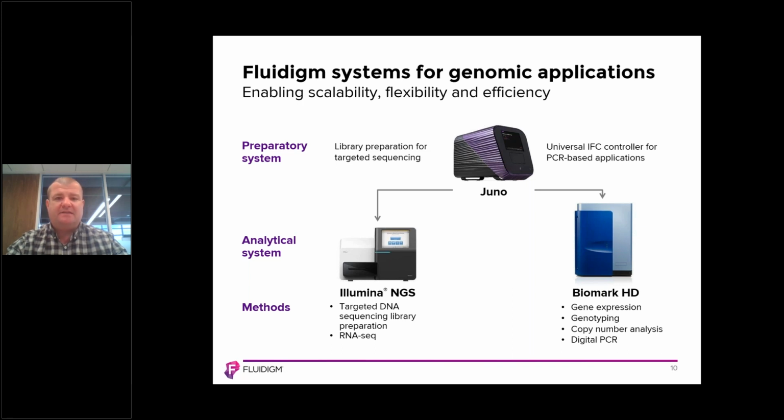And so again, in the next couple of weeks, you're going to learn how the Juno platform can be used to prepare libraries for next-generation sequencing. But for today's session, just take note that the Juno, the Biomark HD, and our microfluidic devices are the workflow components required to perform ultra-high throughput pathogen and/or viral detection.